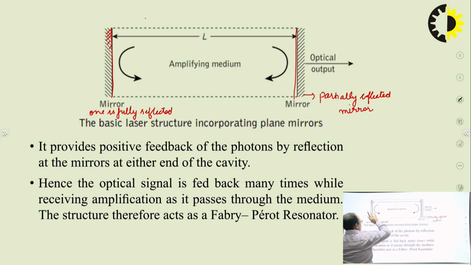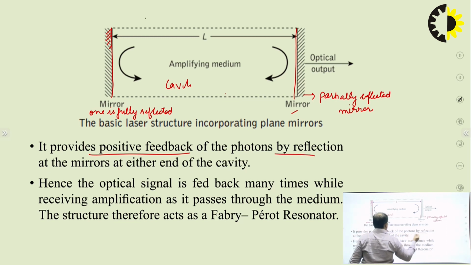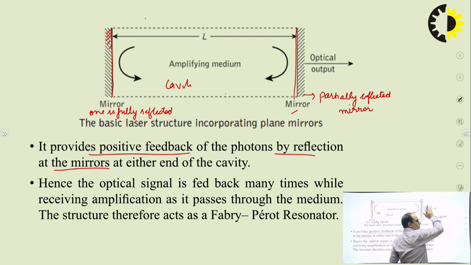So when one photon produces 2 photons and 2 produce 4, these photons will be inside the cavity, and they will reflect back from the partially reflecting mirror and provide positive feedback. With the reflection at the mirror at either end, this one is fully reflecting, meaning no photon can come out from it. Only those photons will be emitted from the other mirror that have enough energy to cross the mirror.